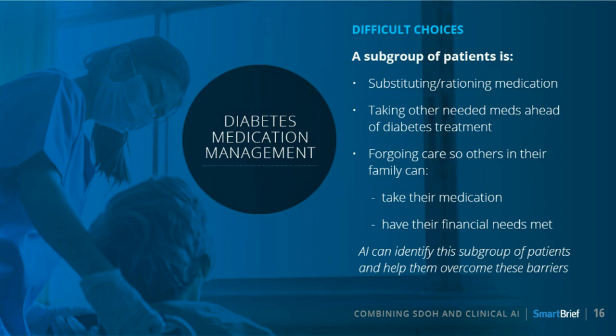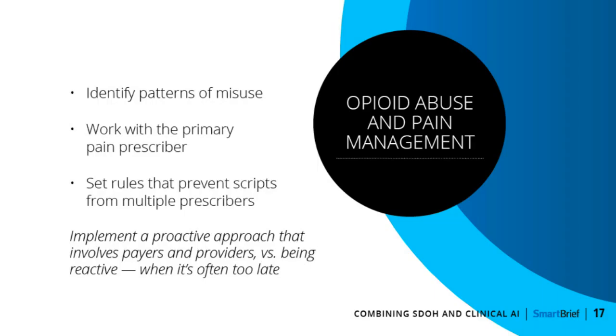And finally, can you talk a little bit more about opioid abuse and pain management? Sure. Opioid misuse, the way that it is structured today, is very much after the fact.